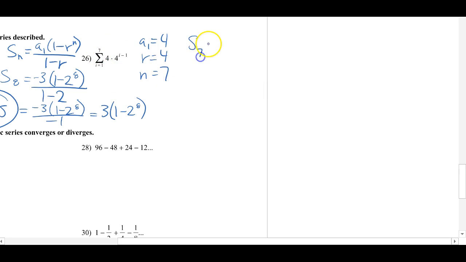So then we're going to do S of 7 equals a1, 4, times 1 minus r, which is 4, raised to the 7, over 1 minus r, which is 4. So then we get 4 to the 7th over 1 minus 4, which is negative 3.